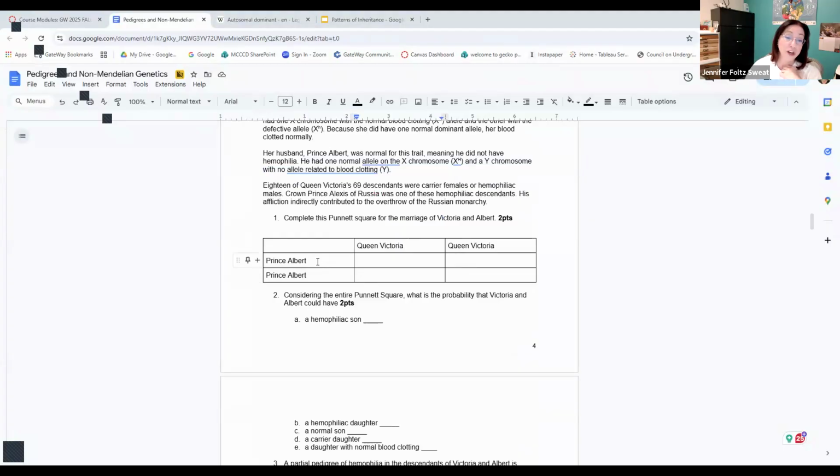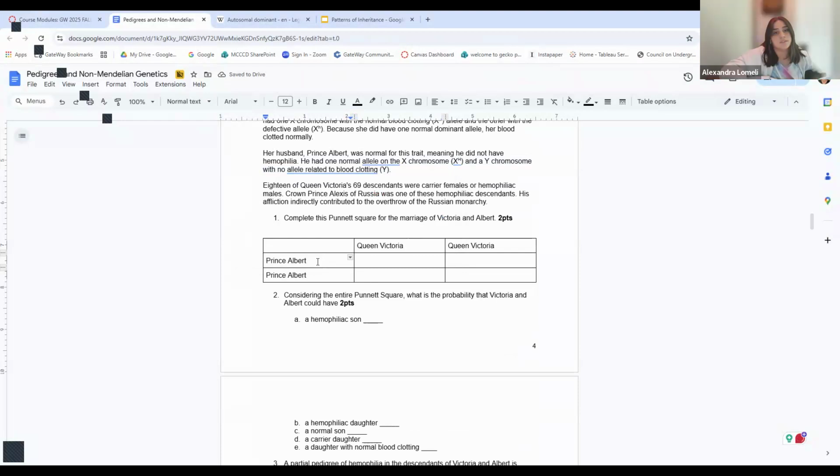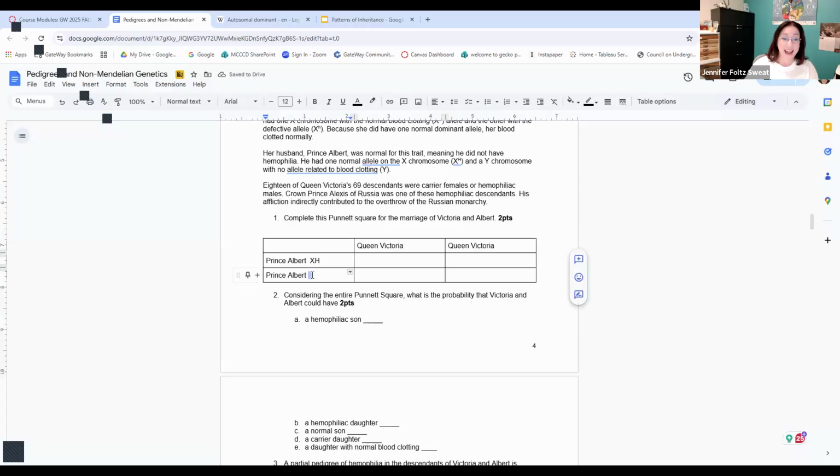So what is his genotype? X big H and then Y. He does not have hemophilia, so he is X big H Y. Queen Victoria is a carrier, so she is X big H, X little h.